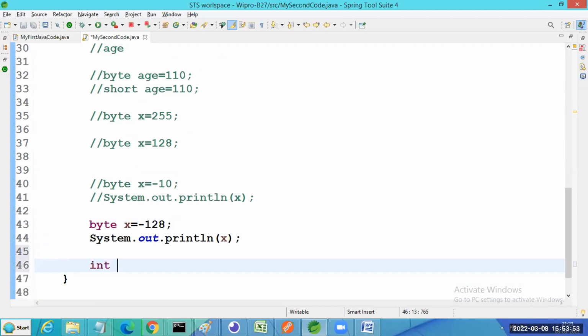If it is integer, mobile number equals to, if I write like 4, 44, 77, 88, 99, 55. How many digits? 2, 4, 6, 8, 10, right? So if I write 1, 4, 77, 88, 99, 55, is it fine?